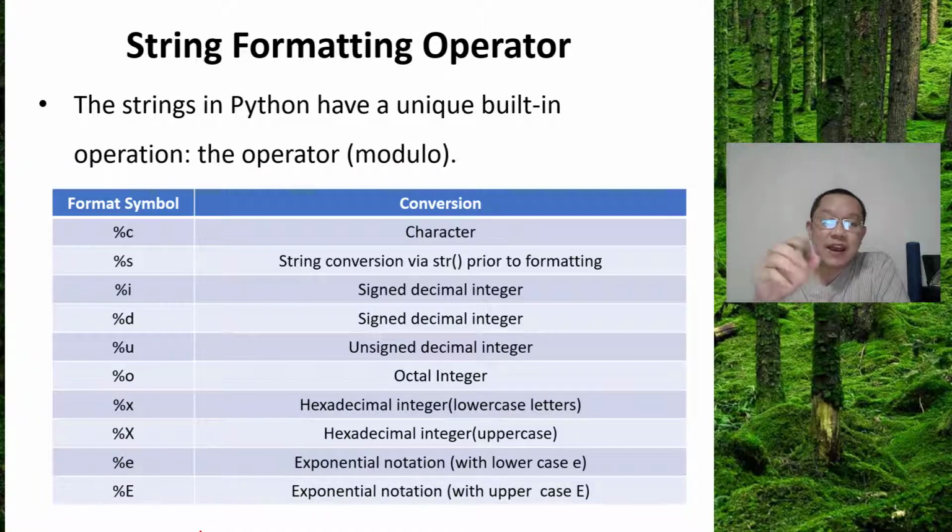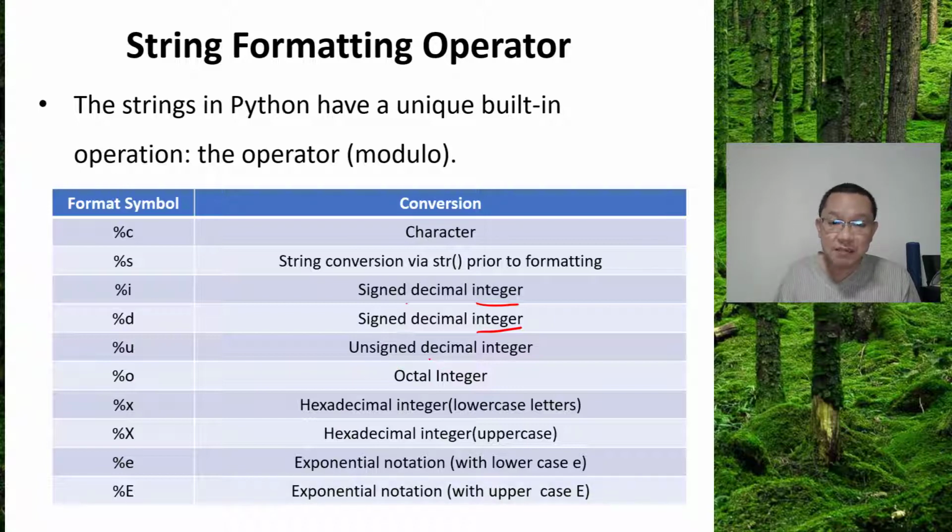So you can either use %c, %s, %i, %d, %u, or small x, big X, small e, big E, depending on the conversion or the type of character you need to format at that position, whether it should be a character or string or integer or a different type of integer.